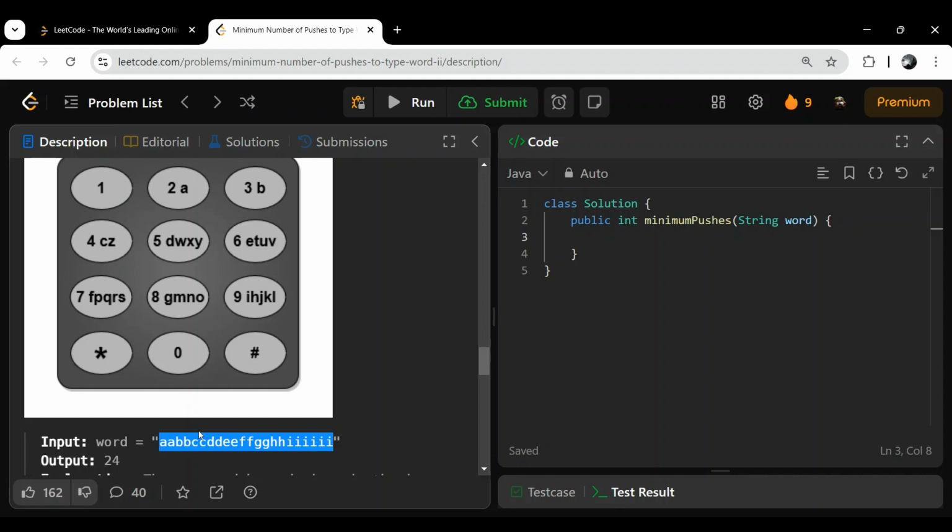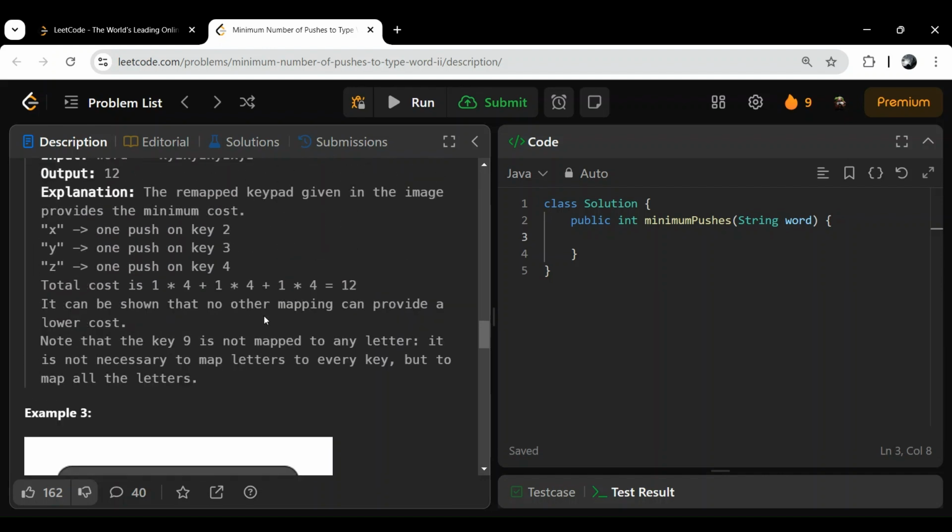Basically, the first thing that comes to mind is that we have to find the number of unique letters present in the word. Then we can place the first 8 letters on each number, then the next letters on the second place, and then the next on the third.